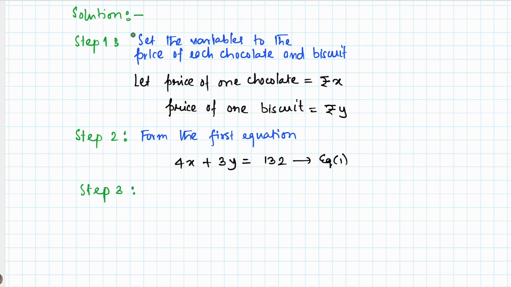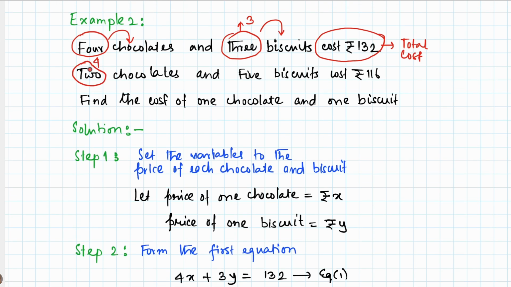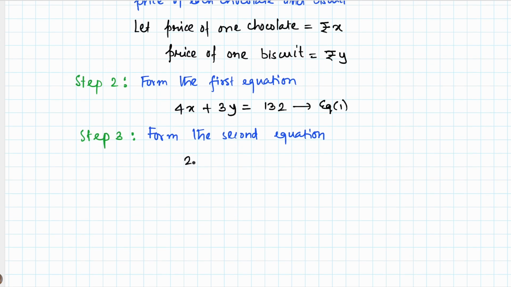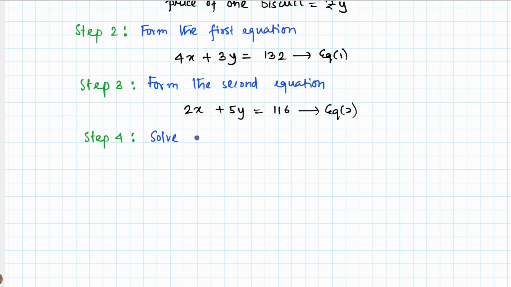Then step 3, again form the second equation, which is 2 chocolates and 5 biscuits, which gives a total value of 116. Again you have to multiply the number of items with the price of each item. So 2x plus 5y equal to 116, which is equation 2. So we have got 2 equations together. Now in step 4, we'll solve the above 2 equations.